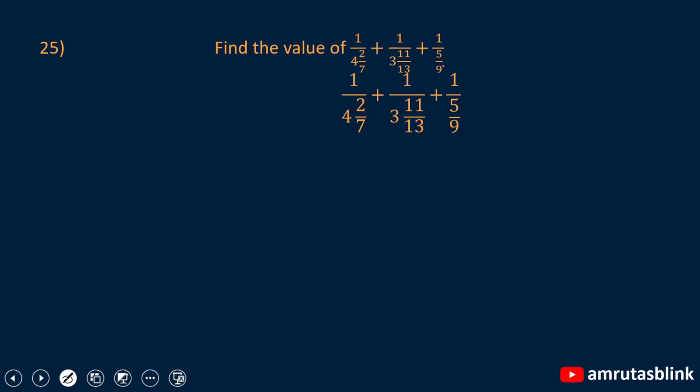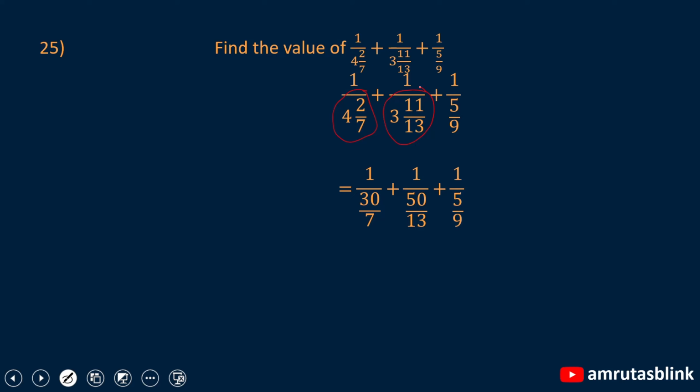Now in the first step we will convert these mixed fractions into improper fractions. So we have 1 divided by, 7 fours are 28, 28 plus 2 is 30. So 1 divided by 30 upon 7. Now 13 into 3 is 39, 39 plus 11 is 50.